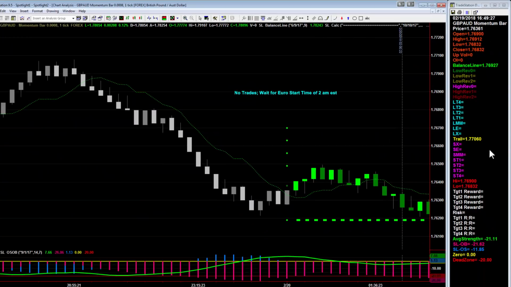Okay, so let's get into the recap this week of the Pound Aussie. Again, this is a Spotlight Power Trader. And you'll notice, first of all, that we're using momentum range bars. So MT4 traders, that's a fine platform, but you're kind of stuck with time-based charts. So I prefer using a more capable platform like either TradeStation or NinjaTrader. TradeStation is not a Forex broker.